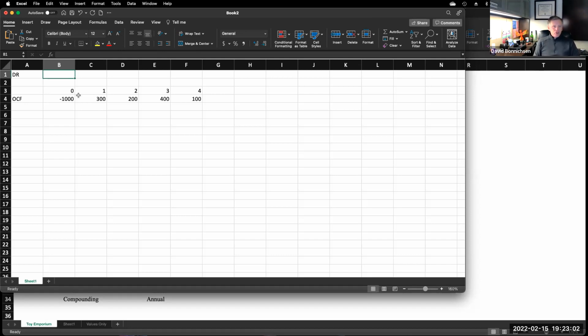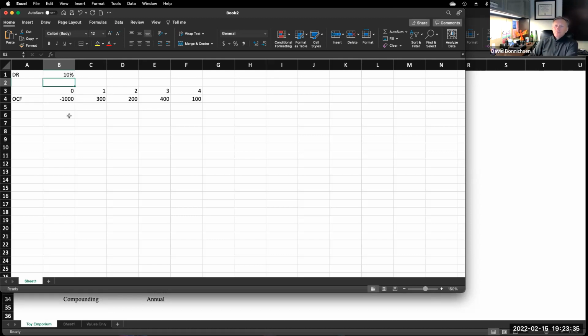Point being, the Treasury Department is going to tell you that for your project, you need to deliver a minimum of 10%. Otherwise, why would I take my time to move my money from where it's currently invested, debt and equity, into your project? You at least need to meet the 10% threshold, the hurdle rate.